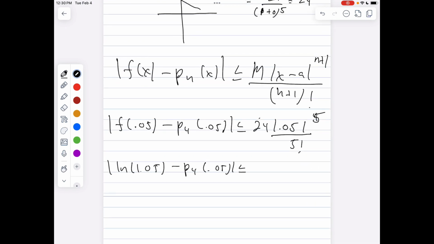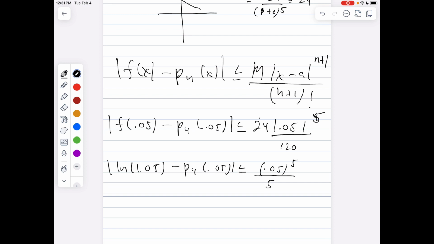And now here's a thing, 5 factorial is 5 times 4 times 3 times 2 times 1, that's 120. So 24 goes into 120 5 times. So this whole expression is now equal to 0.05 to the 5th power divided by 5. I don't need the absolute value itself because the number is already positive.